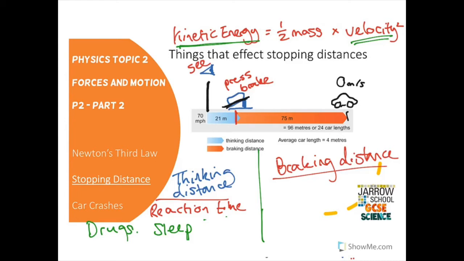So in the brakes, it takes that kinetic energy, the movement energy in the car, and turns that into thermal energy. And because this equation has velocity squared, if a car is going twice as fast, the amount of kinetic energy it has is 4 times greater.